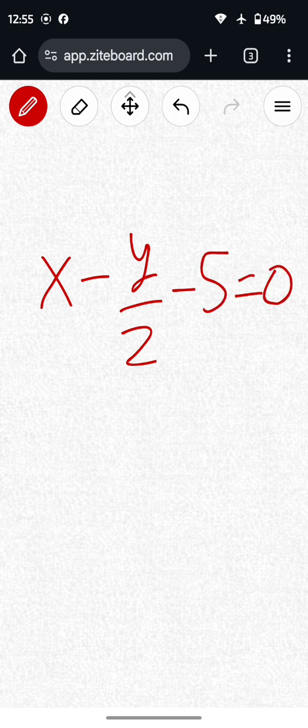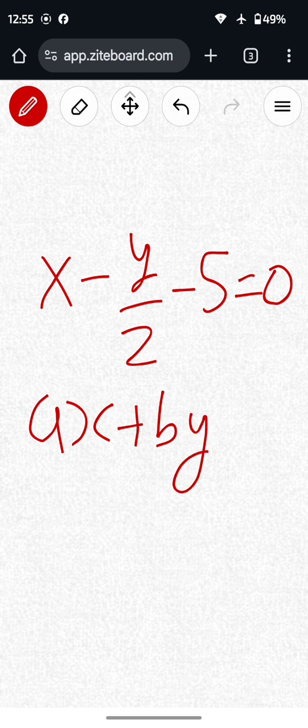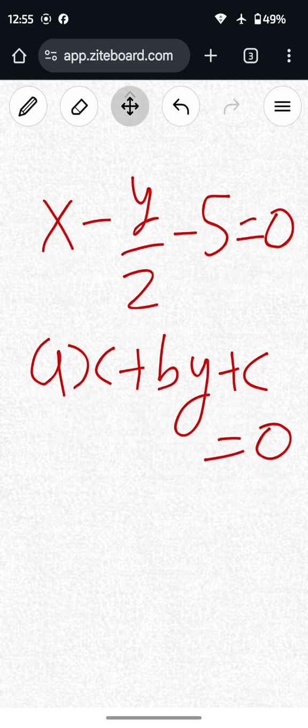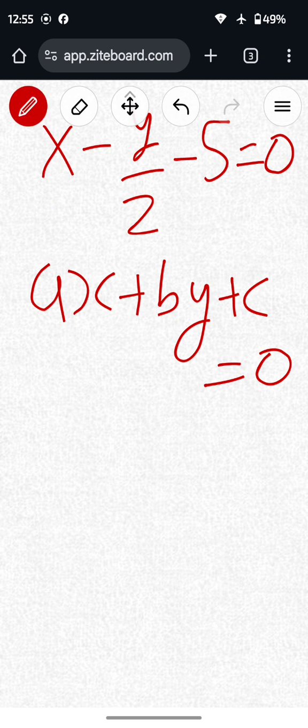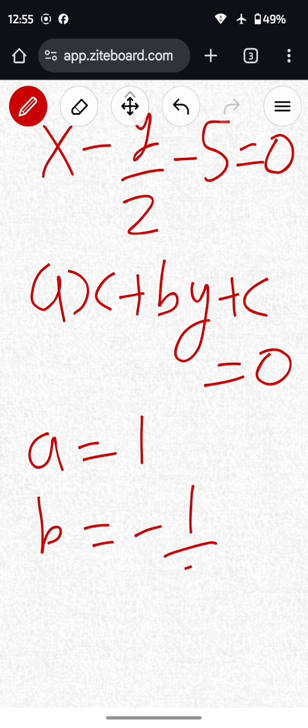You can compare with ax plus by plus c is equal to 0. a is the coefficient of variable x, so a is 1, b is minus 1 by 2 and c is minus 5.